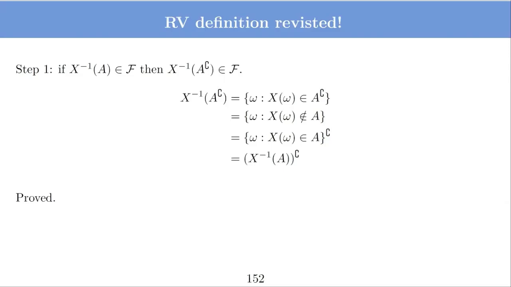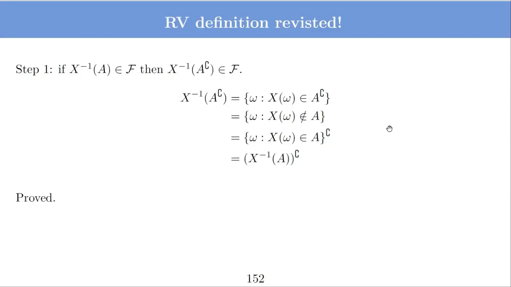So if X of omega is not in A complement, then X of omega will be in A. Okay, so this is a set of all omega such that X of omega is not in A. This means it is a complement of the set of all omega where X of omega is in A. Right? Can you convince yourself?